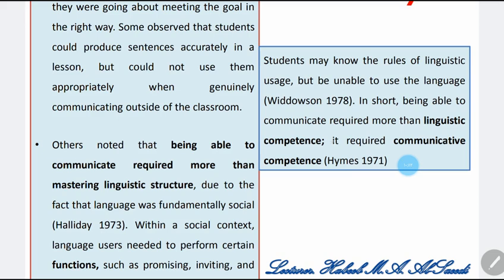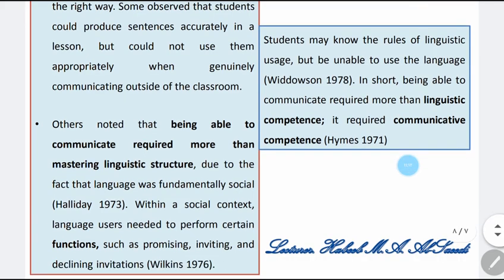In short, being able to communicate requires more than linguistic competence. If you want to interact with others correctly and proficiently in the target language, you have to master more than linguistic competence. It requires what? Communicative competence.